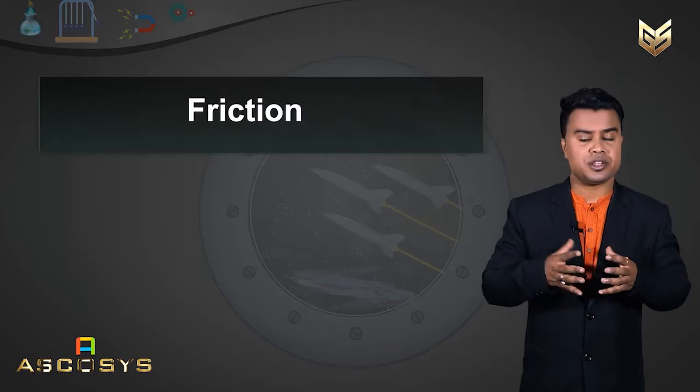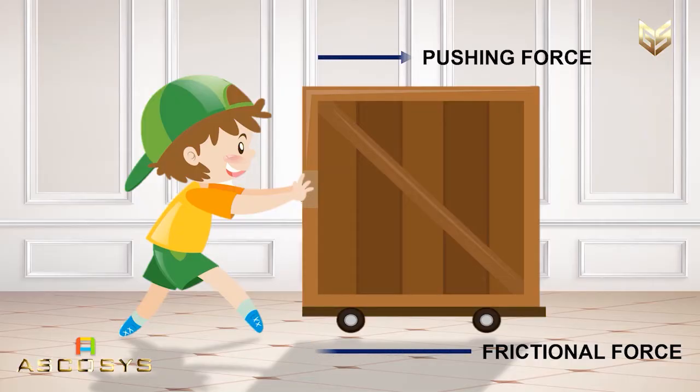So let us understand another type of balanced force which is caused by friction. Suppose a boy is pushing a box. Now the box is not moving. That means there is another kind of force acting in the opposite direction, right or not? It acts in the opposite direction in such a way that the magnitude of the boy's force is the same as that of the opposite direction force.